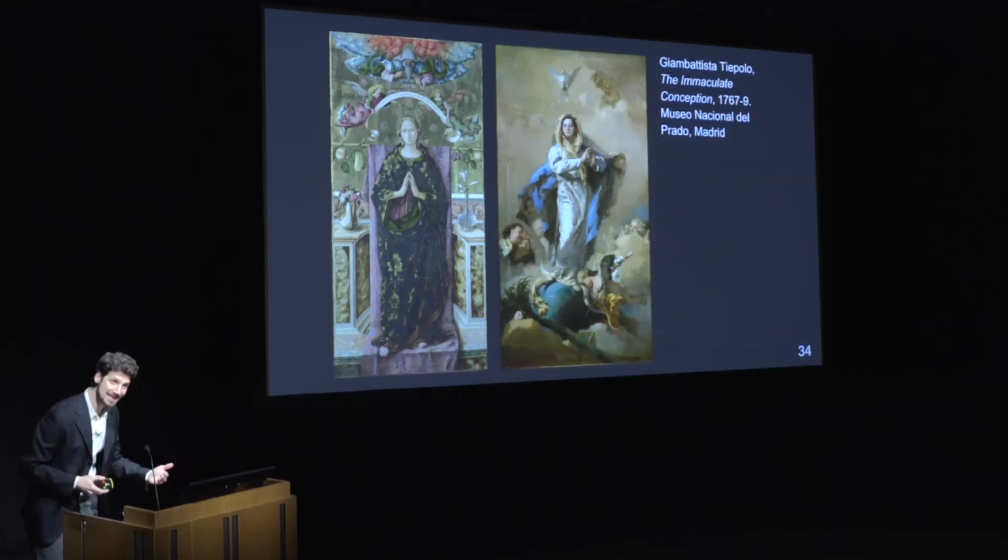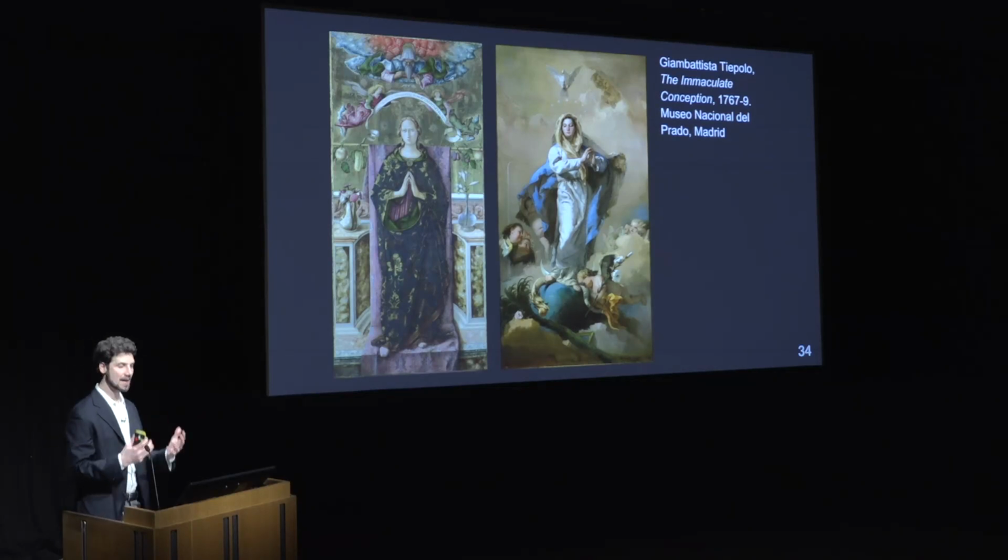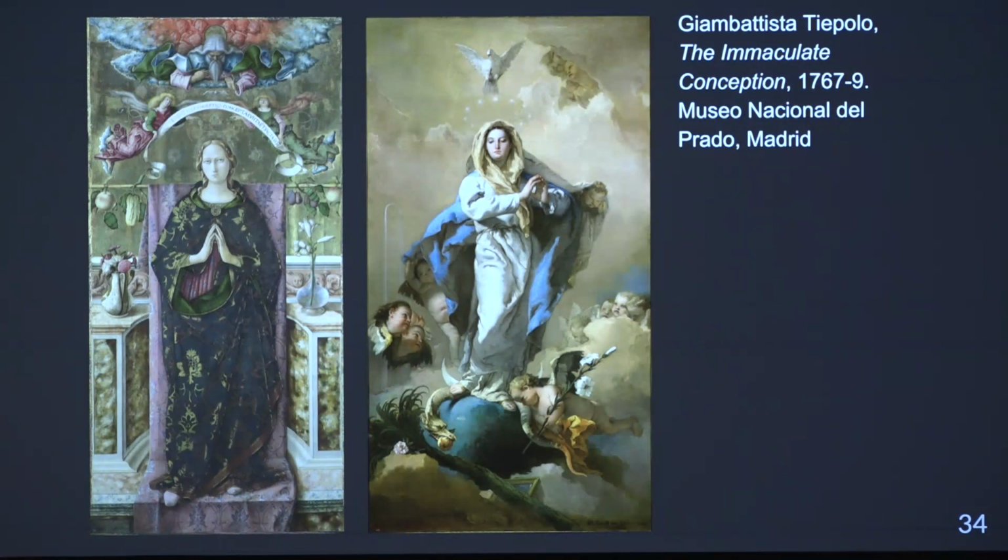And much later, this iconography was developed from something like this into the proper subject that we now recognize as the Immaculate Conception. Now the source is a completely different book in the Bible, the Apocalypse, and they included symbols. You have a dome, a crescent, rose, lily, and the stars, a crown of stars.